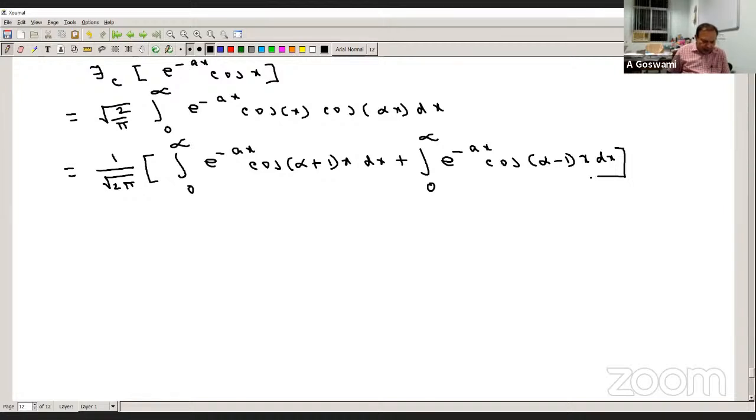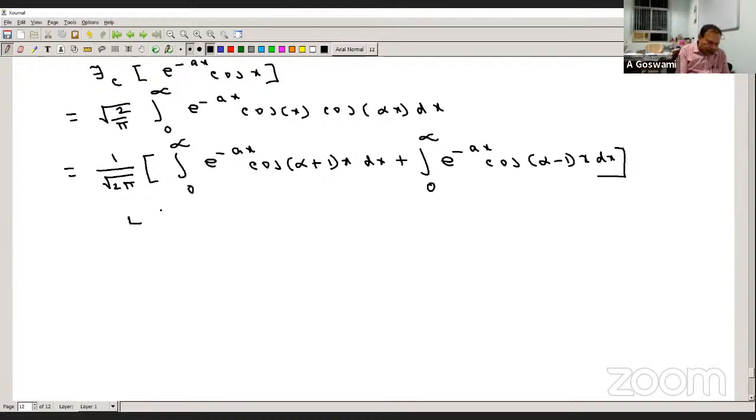To evaluate the integral will again take a lot of time. But try to see this integral as a Laplace transform of cos x. That is what I want to say.